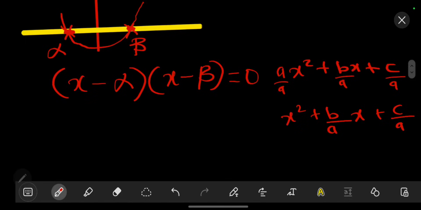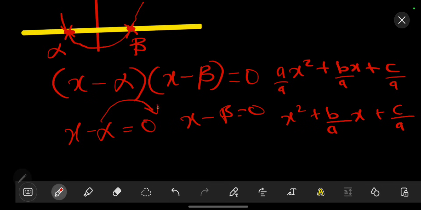Why we are doing this is that if you look at x minus alpha equal to 0 and x minus beta equal to 0, you will find that x is equal to alpha, and x is equal to beta.